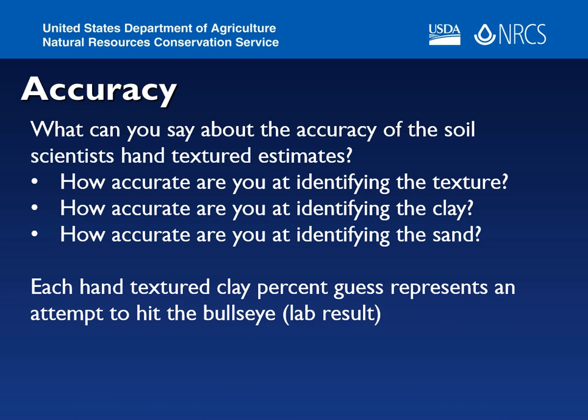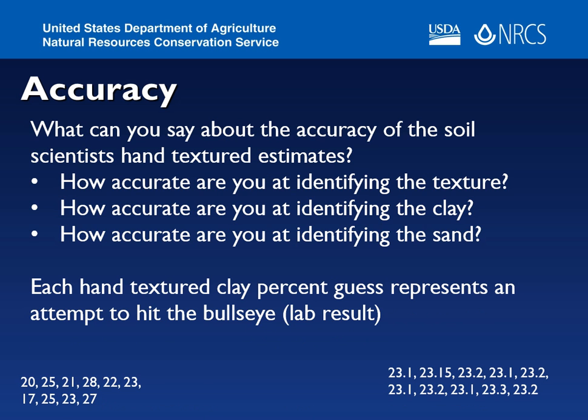Because each one of those hand-textured clay percentages, those guesses that you use, represents an attempt to hit the bullseye, and that bullseye is the lab result. So then go back and look at this again, and you can see that on the left-hand side we've got only integers, and if you're really good, you might get 3% plus or minus.